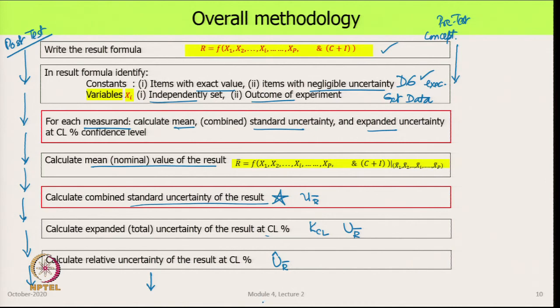Now, we do not execute the experiment. So, there is no data. So, we use all the information that we have to calculate only BXIs. We can estimate SXI bar, or at least for this level of analysis, we could even set it at 0. So, this becomes equal to UXI bar.